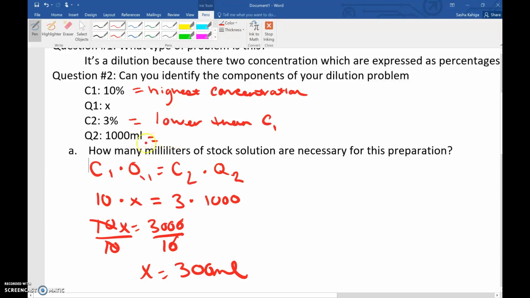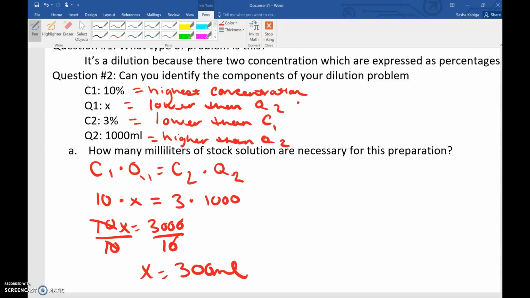Your Q2, which is your desired quantity, is always going to be higher than Q1. And Q1 is your stock quantity, which is always going to be lower than your Q2. You need to keep that in mind when you're identifying your components. Your C1, which is your stock concentration, is always going to be higher than your C2.